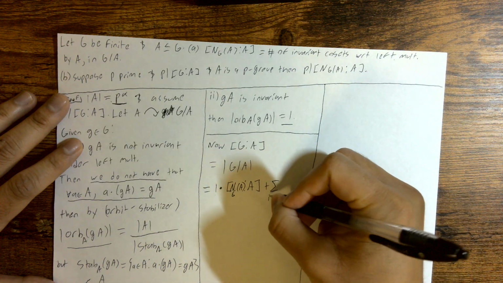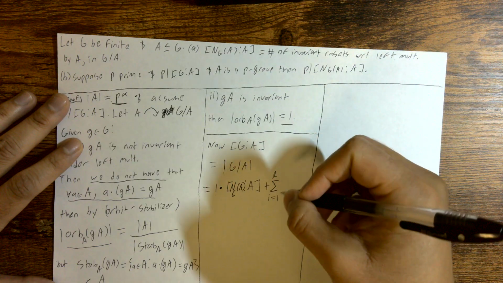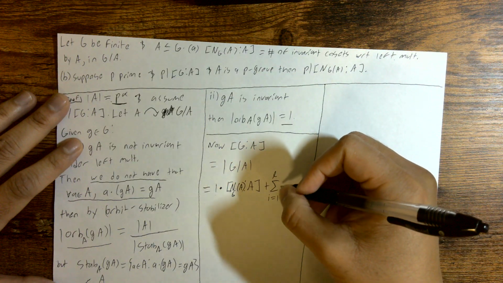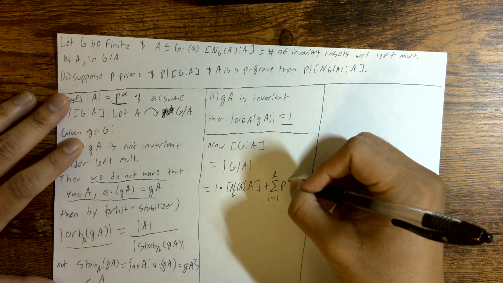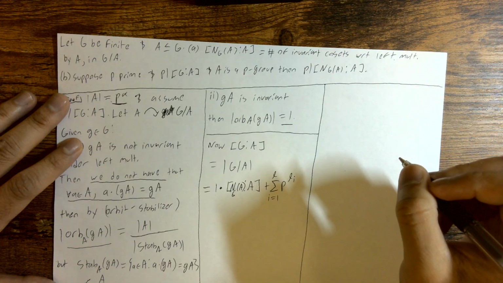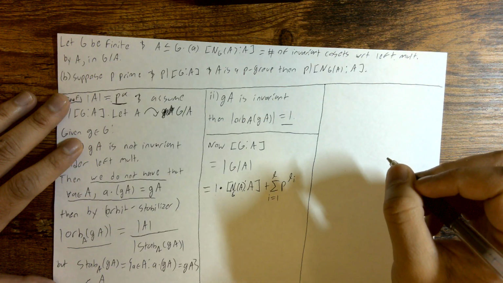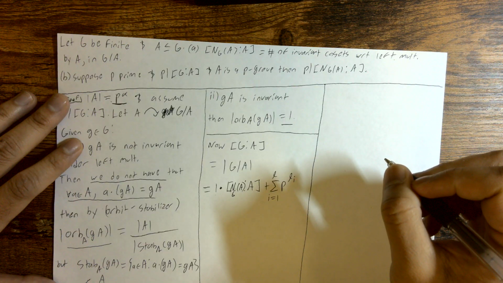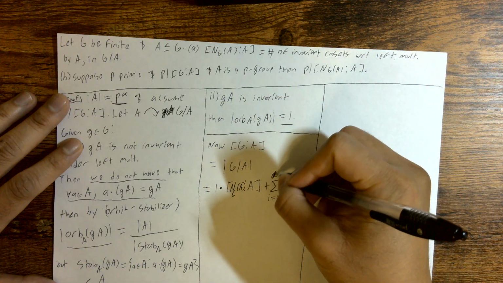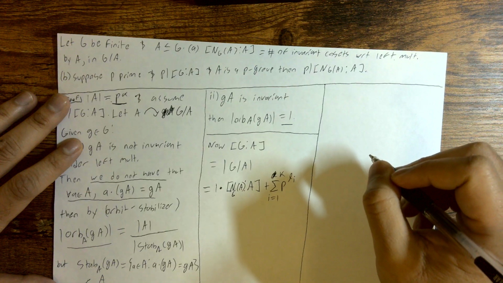the sum from i equals 1 to k of p to the l_i. Let's say to the k actually, that makes more sense.